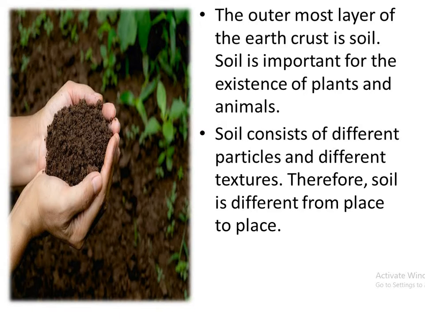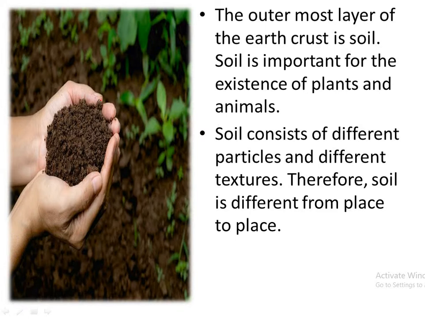We use soil to grow plants, we use sand, which is also a part of soil, to build houses and glassware, and another type we get is clay, which we use to make bricks, tiles, and ceramics.